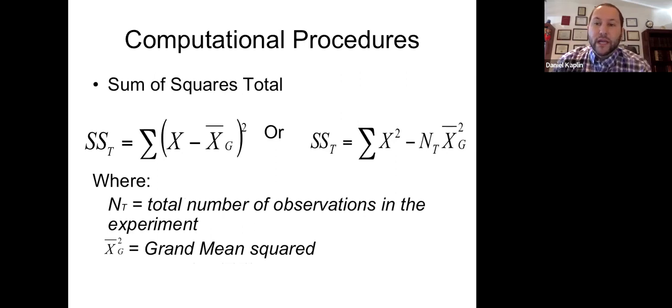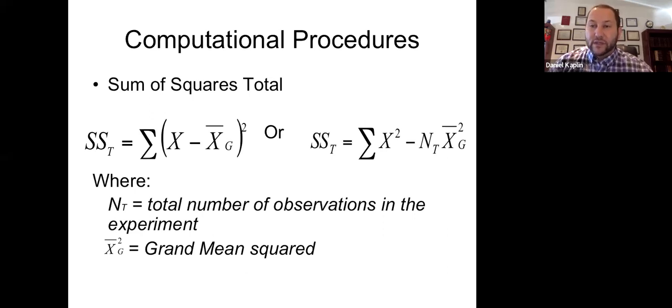The first thing we're going to need is to calculate 3 aspects of sum of squares. So this is getting some level of variance between the groups, within the groups, and the overall variance. Sum of squares total is expressed in different ways. It's expressed as the sum of (x minus x bar g) squared.